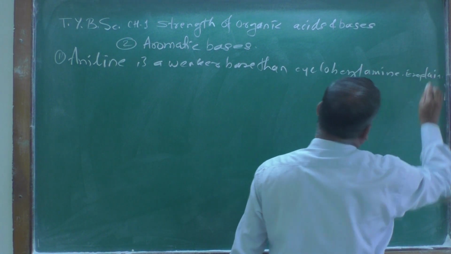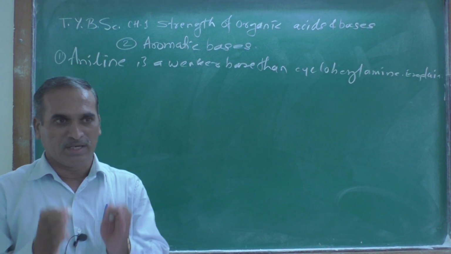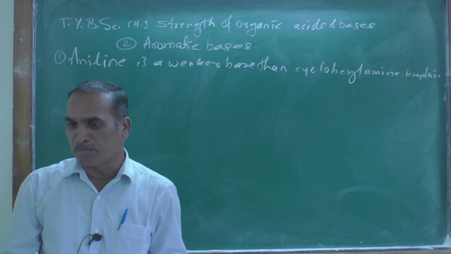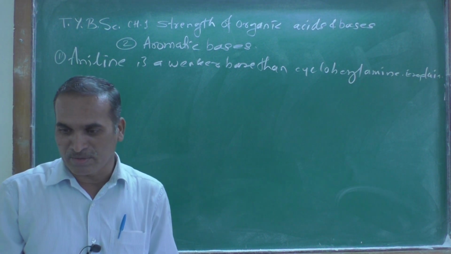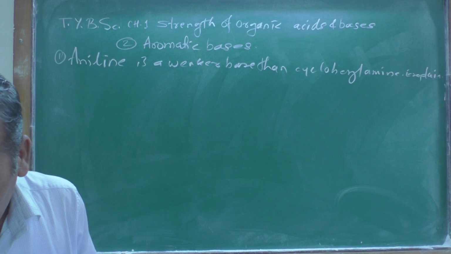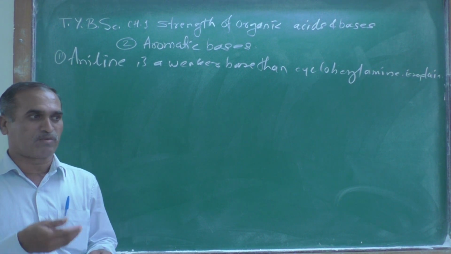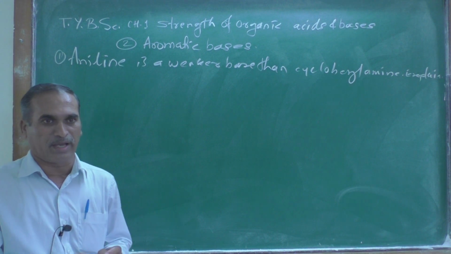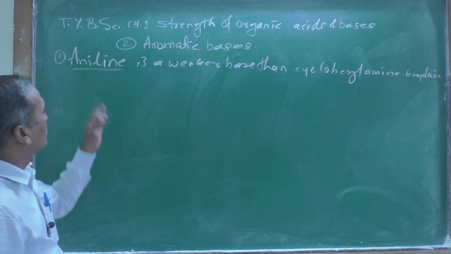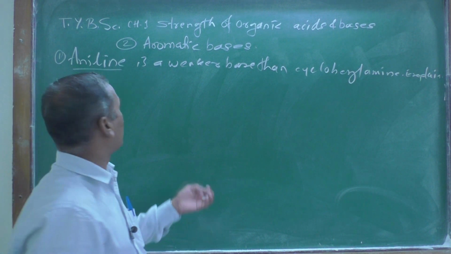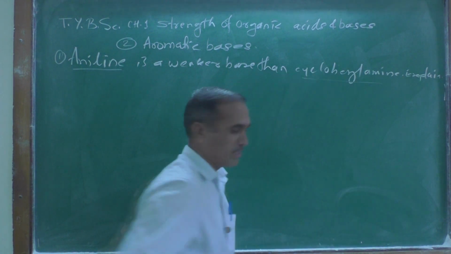Such type of question may appear, or you consider this one of the major and important applications of aromatic compounds. While solving such type of problem, or what we can call answering it in organic chemistry, you must know the structure of the organic compounds, aniline and cyclohexylamine.